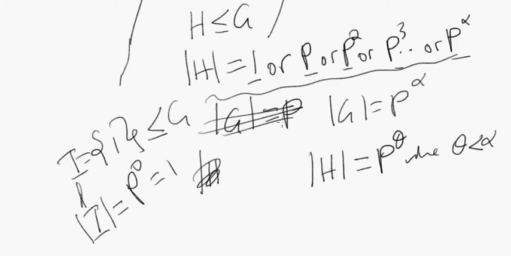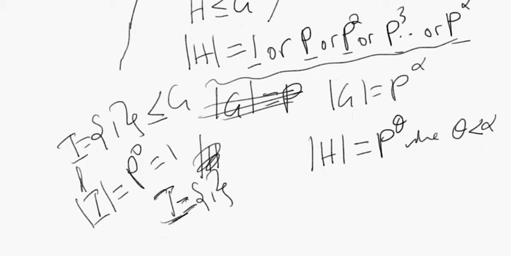So isn't this always true, that if we've got any group, there must be a subgroup of order p to the theta where theta is less than alpha? Isn't this always true, given that the set of just the identity is a subgroup of every group? So are we saying that we know that this is always true?